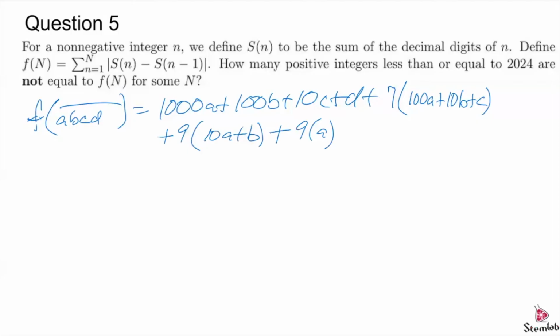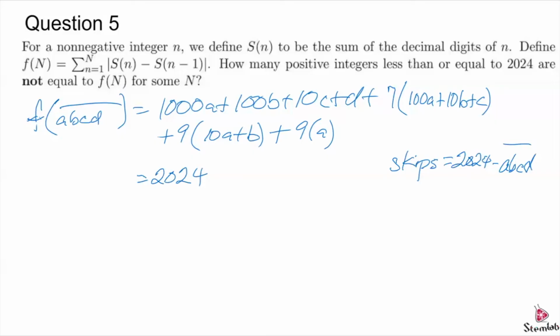So if we can find an f of some 4-digit number that is equal to 2024, then we simply know that the number of skips will be equal to 2024 minus the 4-digit number, ABCD.